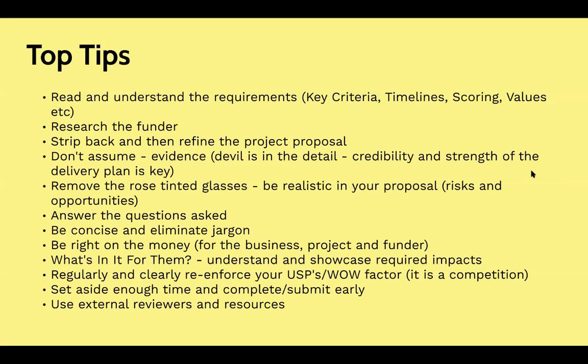So it's no good asking for 5 million from a funder that has a pot of 10 million that's looking to distribute that pot among 100 different businesses. So you really need to understand that you've got the right money amount for your business, but also that you're trying to get it from the right sort of pot that has the capacity to deliver the right money for you.